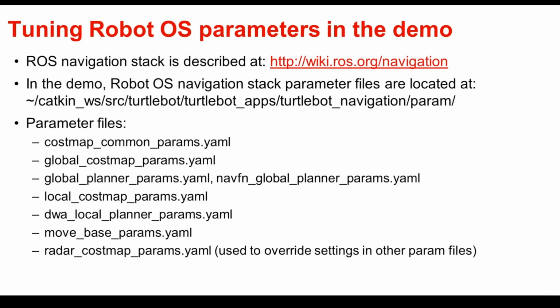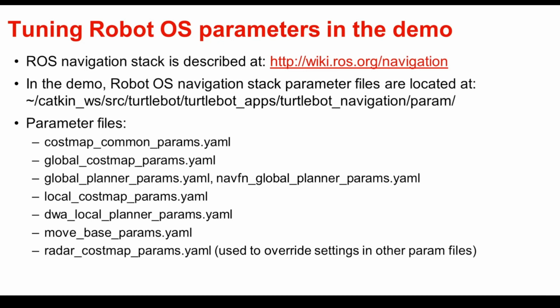Parameter files found in this directory include costmap common params, which includes parameters for both the local and global cost maps, and then it includes specialized files differentiated for global and local.